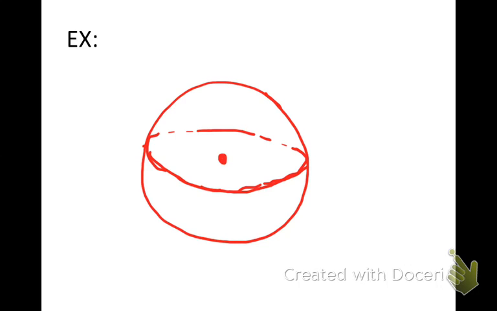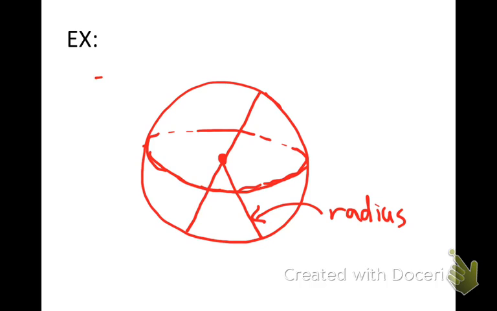From the center of the sphere to the side of it is a radius. And connecting 2 points on the sphere that goes through the center is the diameter.